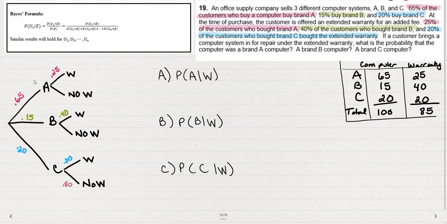Those who bought computer A, 25% got the warranty, so 75% didn't, right? And of those who purchased computer B, 40% got the warranty, so 60% didn't. What's the probability of A, given we know that they got the warranty?